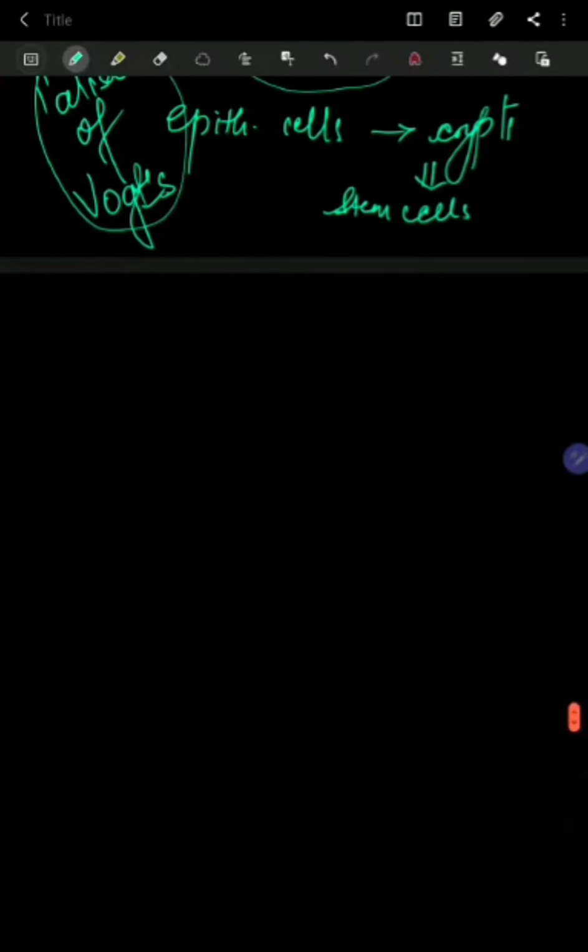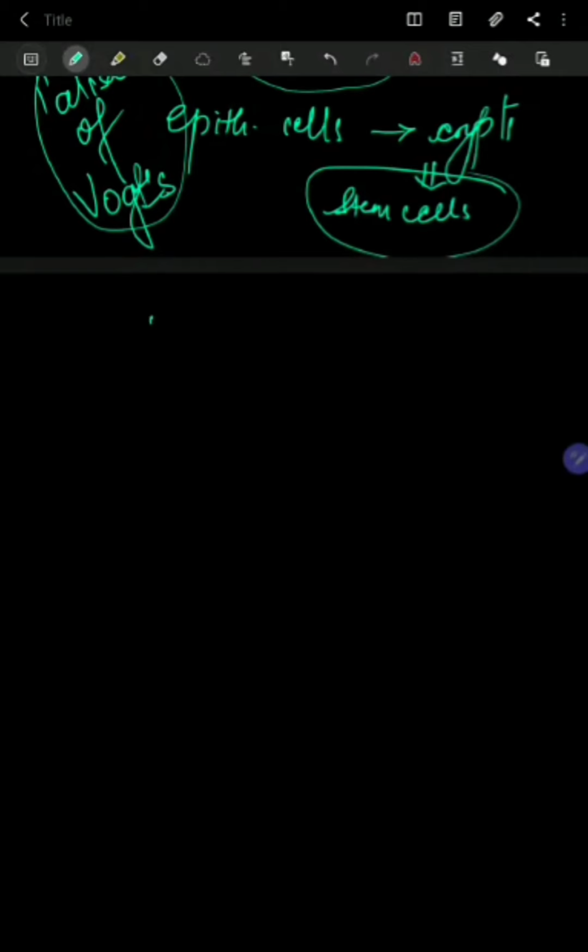So what are the conditions which can cause limbal stem cell deficiency? First of all, what do these stem cells do? They cause epithelial regeneration. There is an epithelial turnover after every 3 to 4 days. So what produces new epithelium? These stem cells.